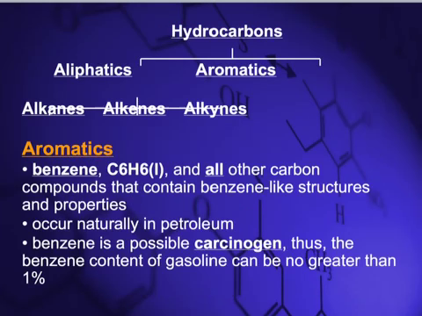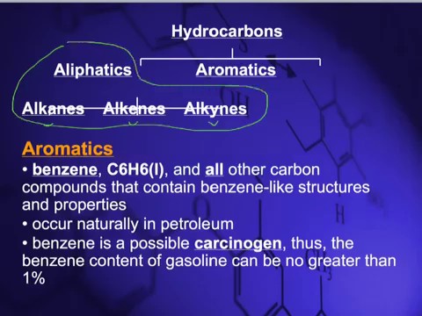So far we've talked about alkanes, alkenes, and alkynes. These compounds are all considered to be aliphatics. Another type of hydrocarbons are what's called the aromatics. Now don't let the name fool you, these compounds do not smell very nice. In fact, they're very toxic. In fact, they're carcinogens.